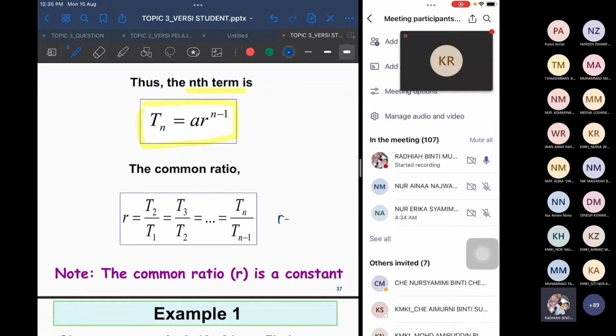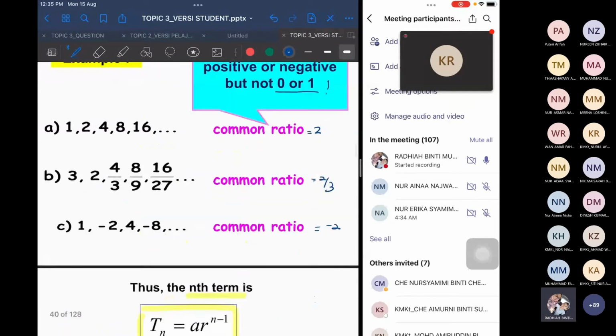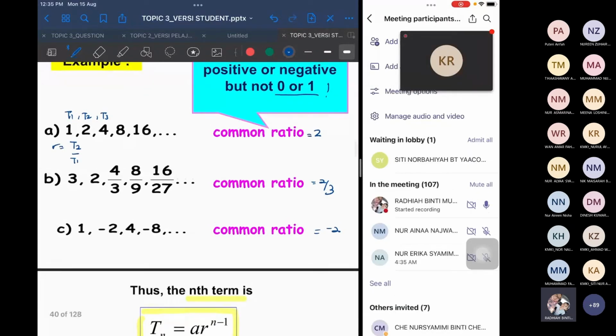Okay, so our R is equal to Tn divide by Tn-1. So kita tengok balik soalan tadi macam mana kita nak dapatkan dua tu. Okay, so this is T1, this is T2, this is T3. Macam mana nak dapatkan dua tu? T2 divide by T1, jadi 2 divide by 1, so you got 2.